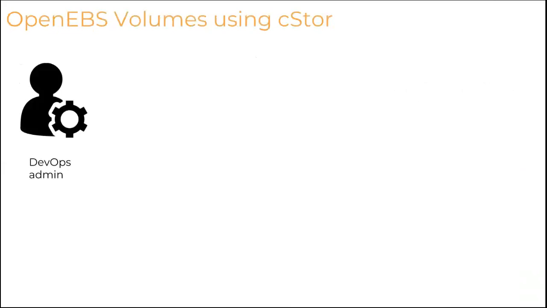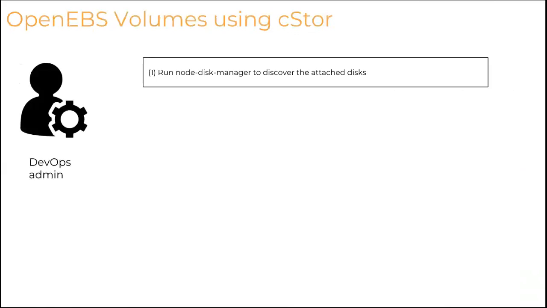All right. So what's the change that we are bringing in when we are talking about Cstor, right? The first thing is we had this step of manually formatting the disks and creating a path and using that path. So the first change that you will observe with Cstor is there's a node disk manager that runs on all the Kubernetes nodes that's used to manage the disks attached to a node.